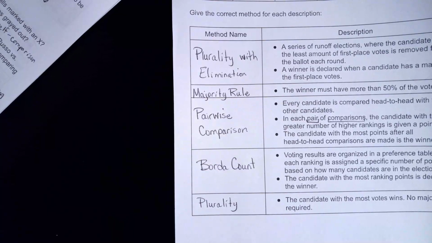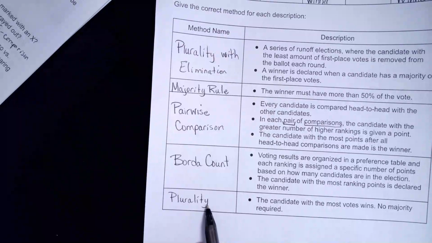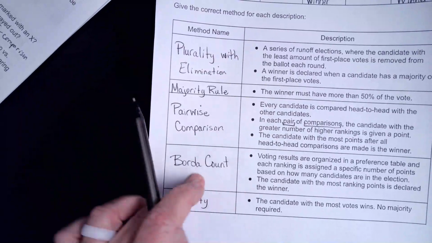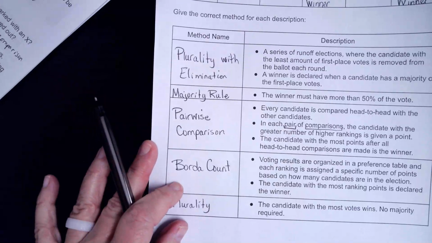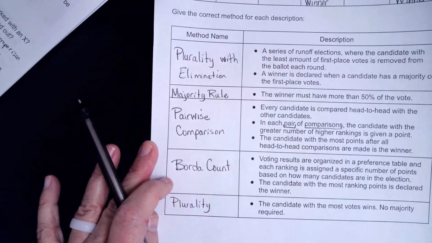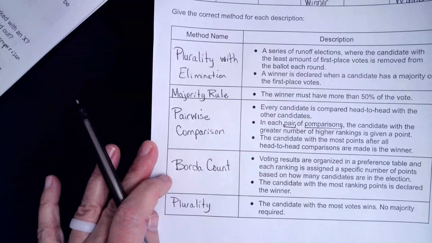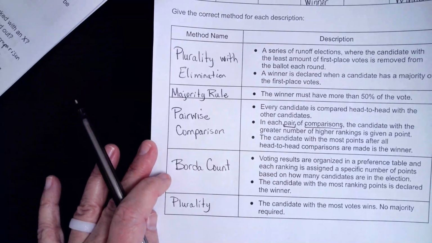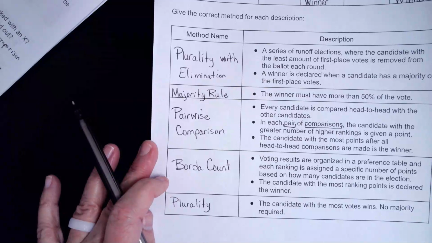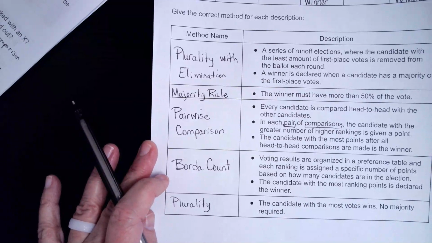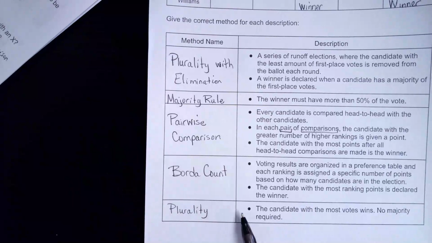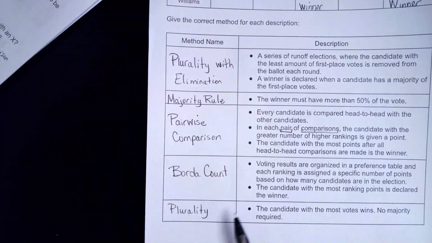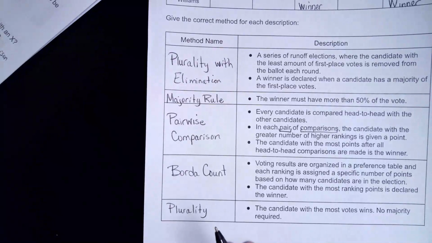So plurality is just most votes win. But you like majority better than plurality? Because some people, like with presidents, might have good qualities but get fewer votes because of the plurality, and then the person with not as good qualities wins. Yeah, if you have 3 candidates, you could potentially have 33%, 33%, and 34%.